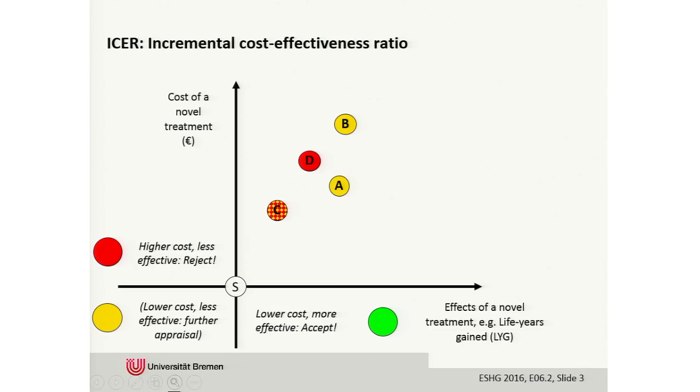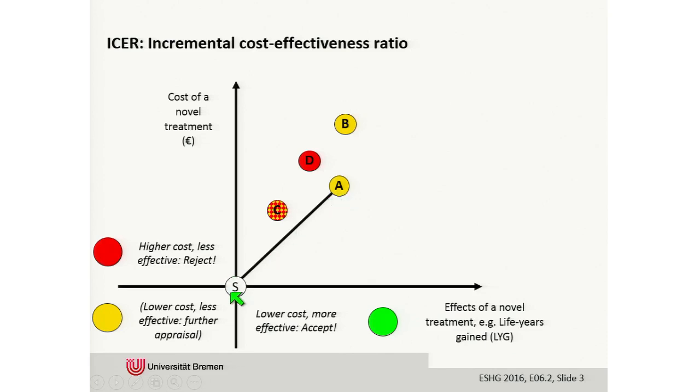Typically, you have very many different testing strategies which you could use, and when you do a health economic evaluation, most of those different testing strategies are dominated or are subject to something which you can see here under C, the so-called extended dominance. It's not directly dominated by technology A, but it is dominated by a combination.